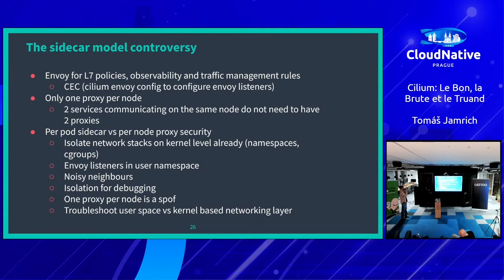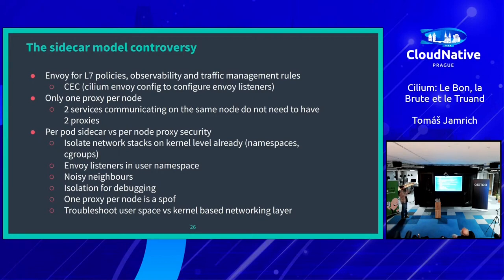The controversy here is that when you have the standard layout with, say, Istio, you have a sidecar with every pod that you have, but with Cilium you have this proxy only once per node.